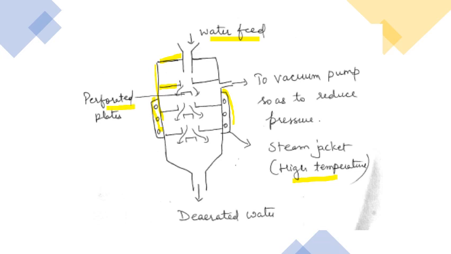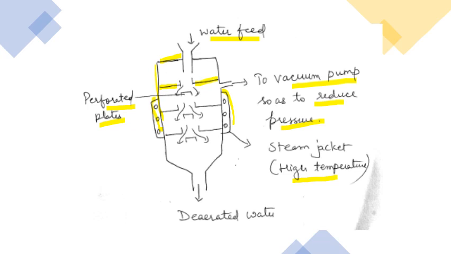Perforated means having pores, and it provides a high surface area for the water to pass over. The tank is connected to a vacuum pump to reduce the pressure, because we give these conditions to decrease the solubility of the gas.